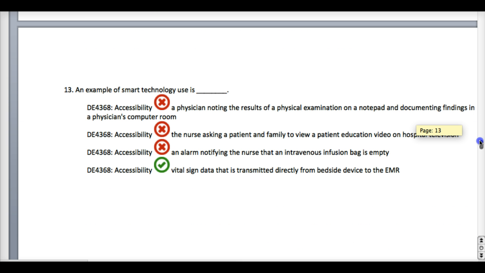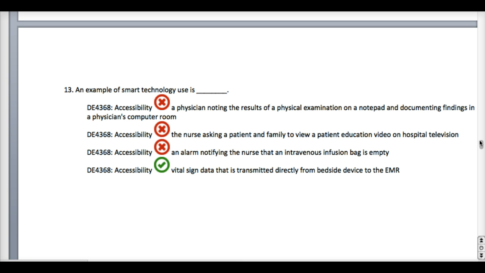An example of smart technology uses a physician noting the results of a physical exam on a notepad. Well, that doesn't sound very smart. Well, it is smart, but it's not smart technology. The nurse asking a patient and family to view a patient education video. Not smart technology. An alarm notifying that an IV infusion bag is empty.